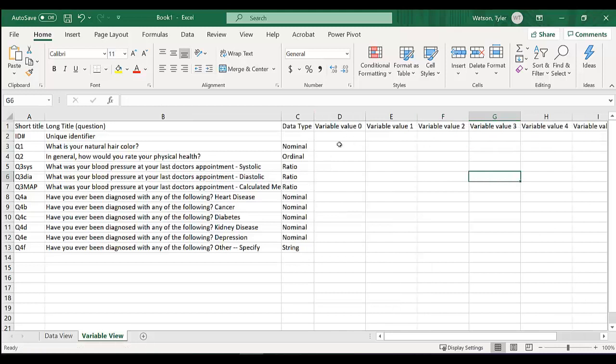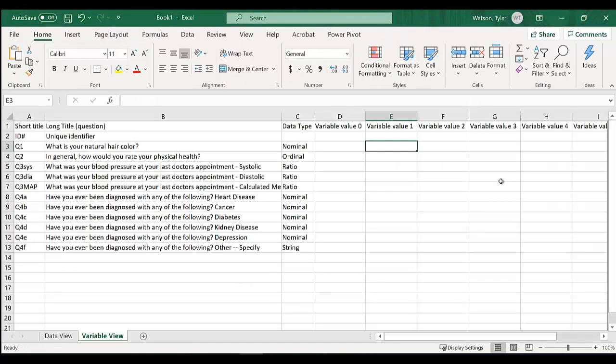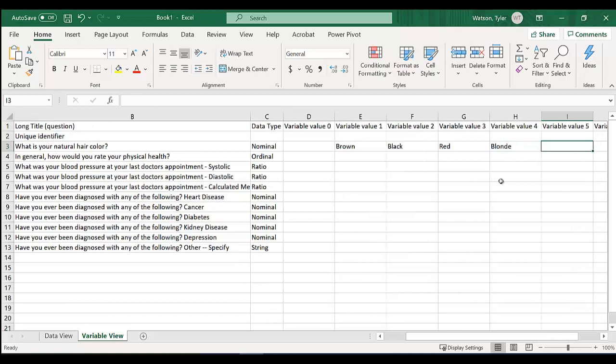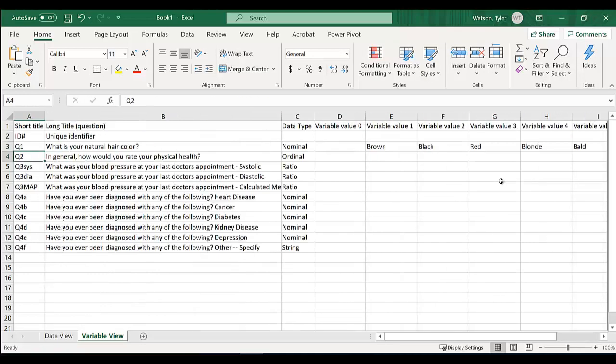The reason this is important is because we can recreate the survey here. So if on question 1, look back at our survey, and it's brown, black, red, blonde, bald. So brown is a 1, black is a 2, red is a 3, blonde is a 4, bald is a 5, and gray is 6.